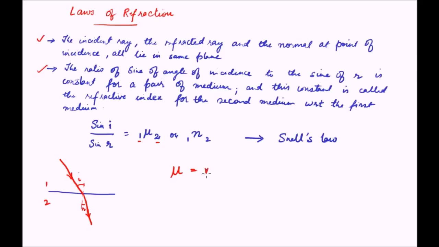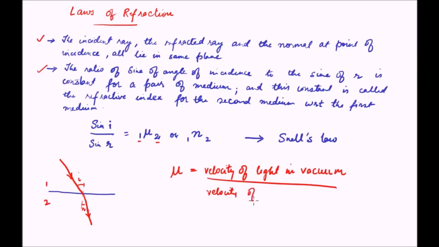And mu in terms of velocity can be said as the speed of light in vacuum upon the speed of light in that medium.